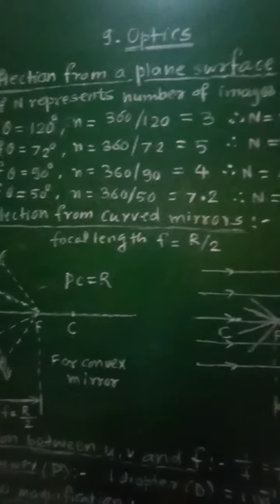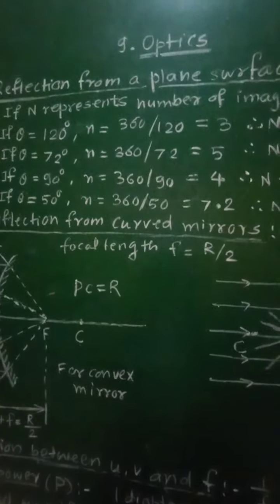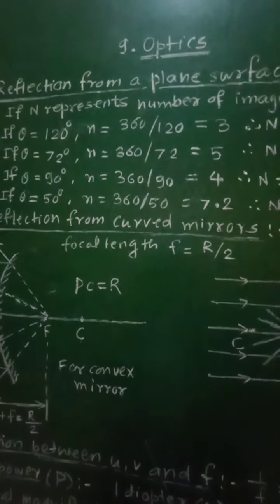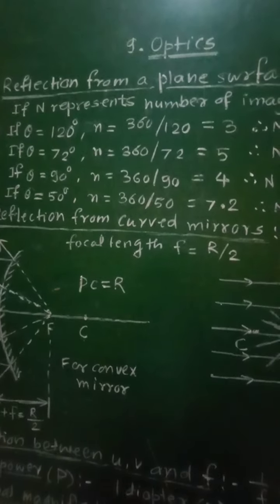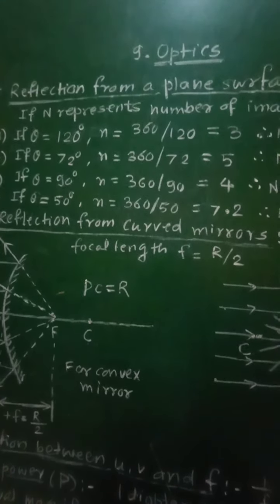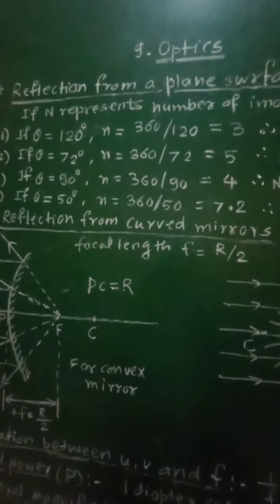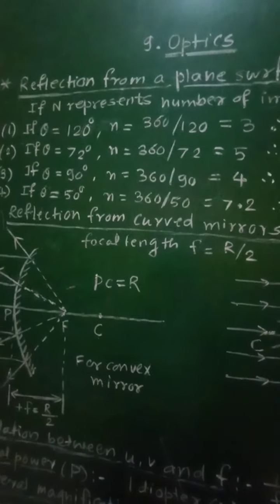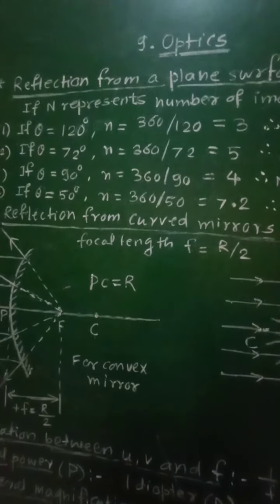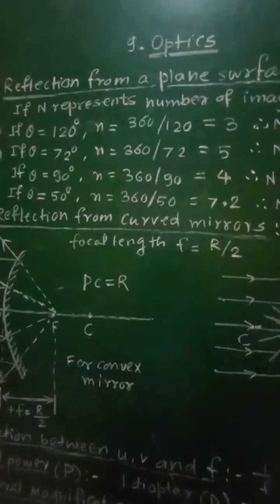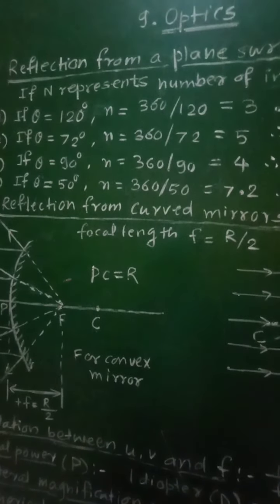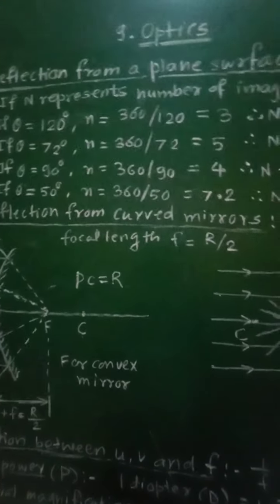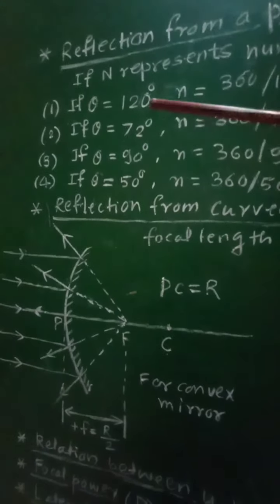Let us consider now the second case. If n is an odd integer again, but the object is off the angle bisector, at that time the number of images seen will be equal to capital N equal to small n, and therefore let us consider the example.